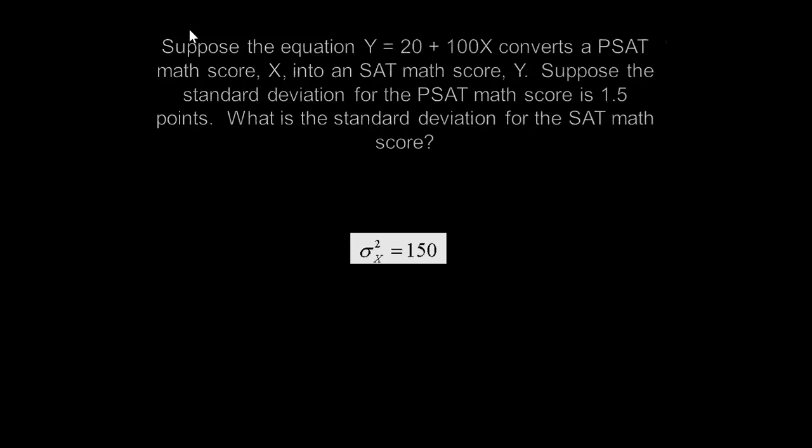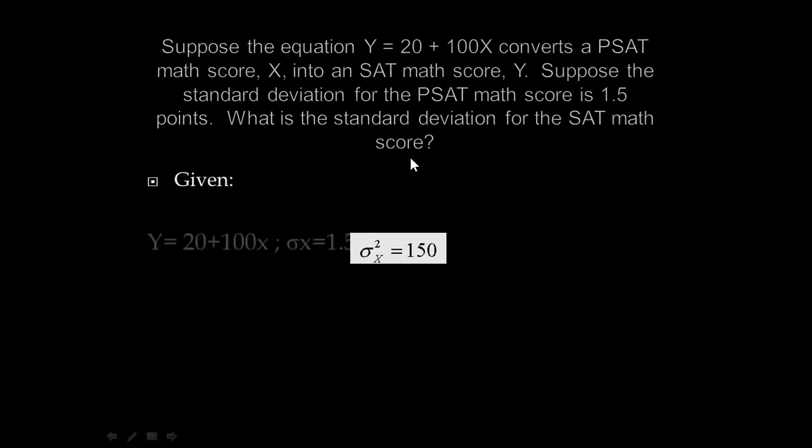The second one: suppose the equation y is equal to 20 plus 100 of x converts a PSAT math score x into an SAT math score of y. Suppose the standard deviation of the PSAT math score is 1.5 points. What is the standard deviation for the SAT math score?